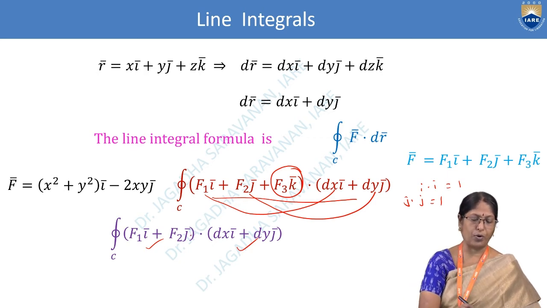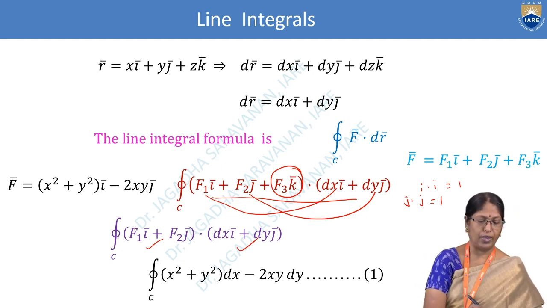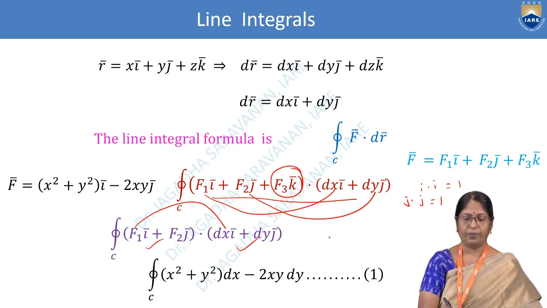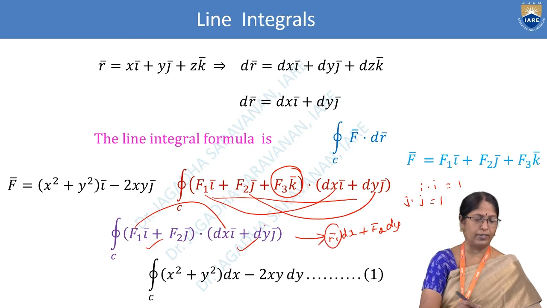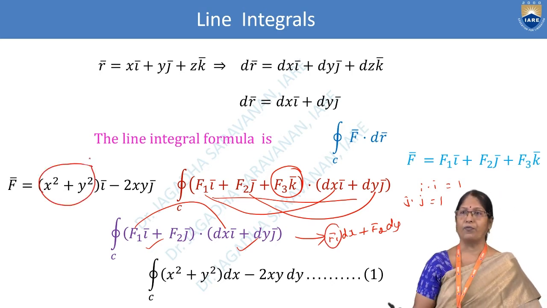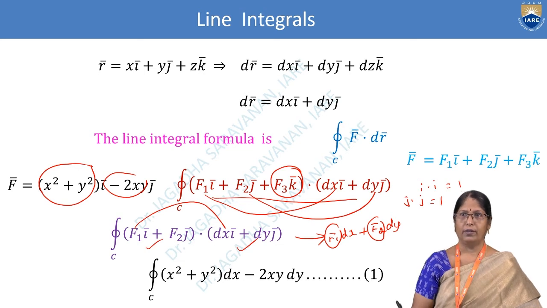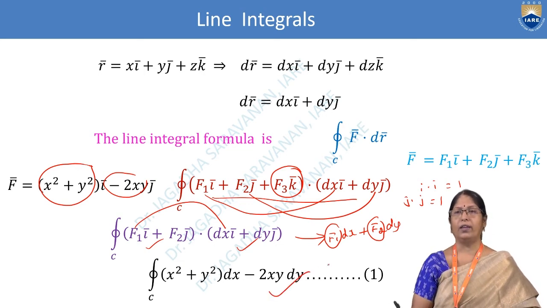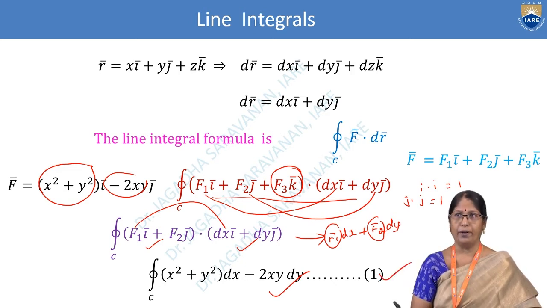So we did the dot product: F1 dx plus F2 dy. After doing this dot product, our F1 in the given problem is x square plus y square, and F2 is minus 2xy. So we are substituting in our closed curve C, and we are naming it as equation 1.